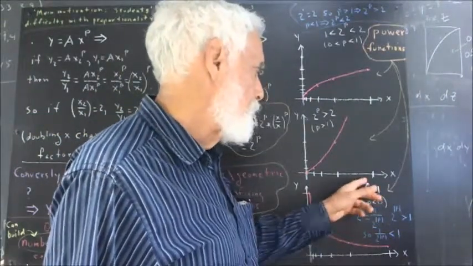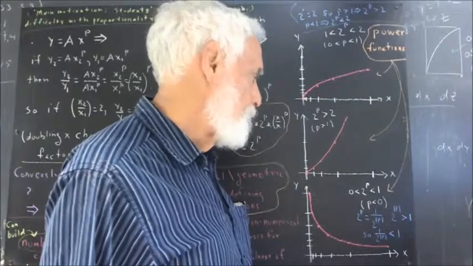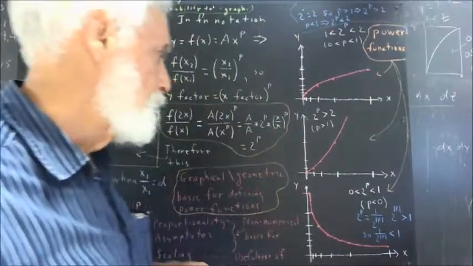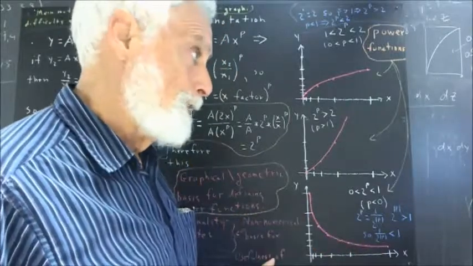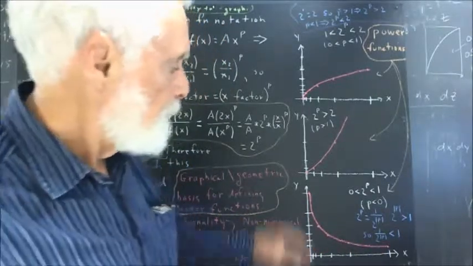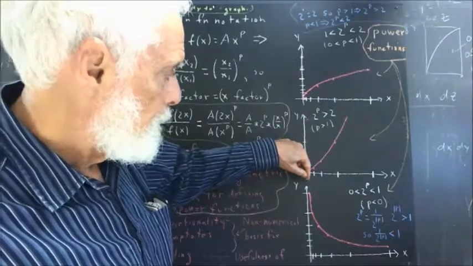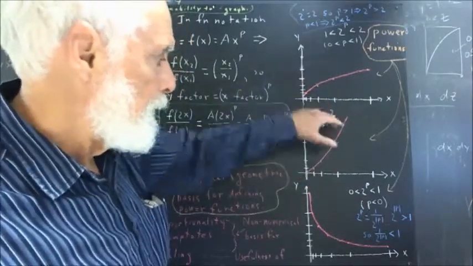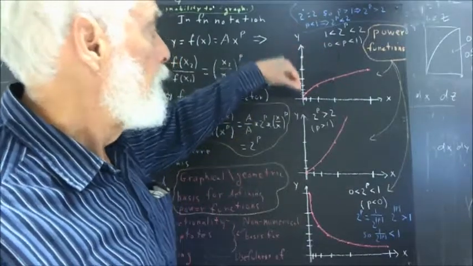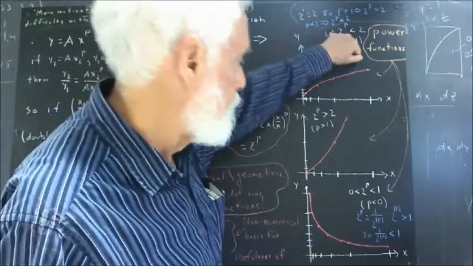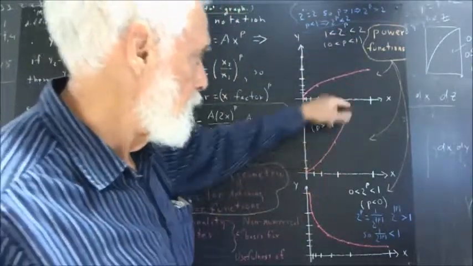Also, we can say that 2 to the p has to be greater than 0. That there's no number big enough that its reciprocal is less than 0. Okay? So we can then classify these three graphs by the values of p. If p is between 0 and 1, we get this. If p is greater than 1, we get this.